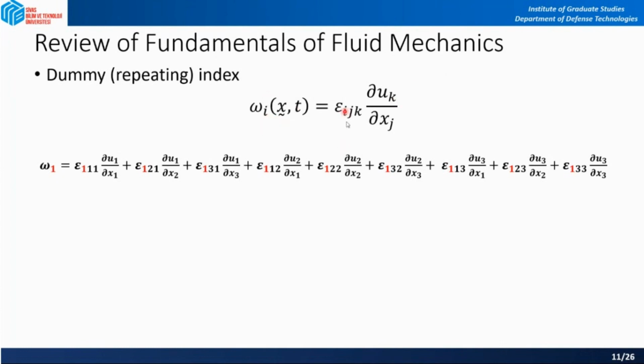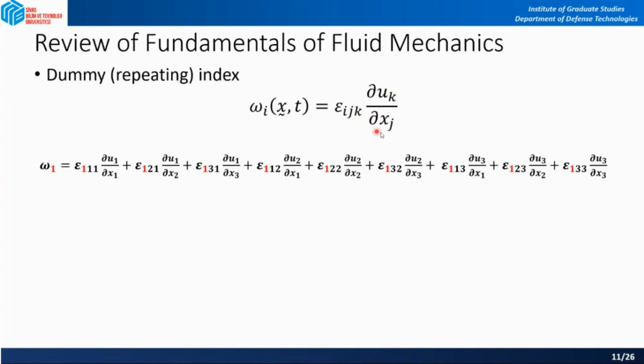So as I said, in the left hand side you see only i. In the right hand side you see i, j, and k. So these j and k are not in the left hand side, right? Why do I not have j and k on the left hand side? This is what we call a dummy index or repeating index.